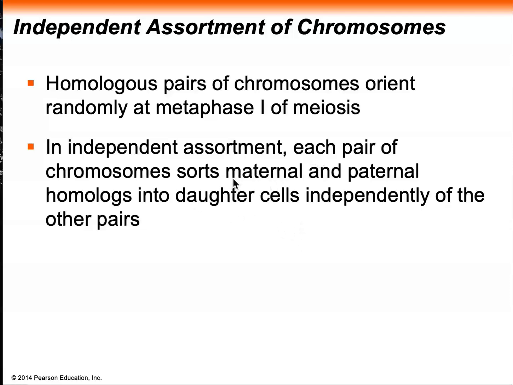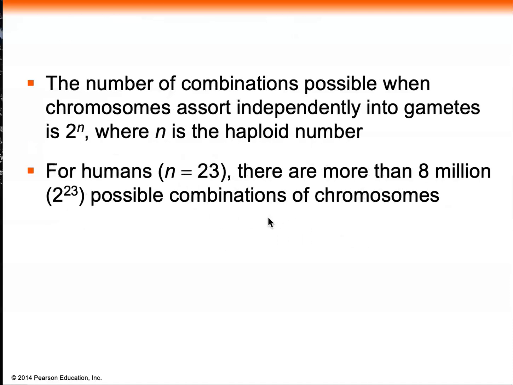So for each pair of chromosomes, it's independent of all the other pairs. And so in the case of humans, since we have 23 pairs, that makes 2 to the 23rd possible combinations of chromosomes lining up during metaphase. So that's more than 8 million different ways that you can arrange those 23 pairs.